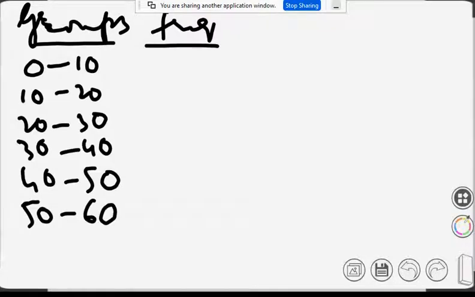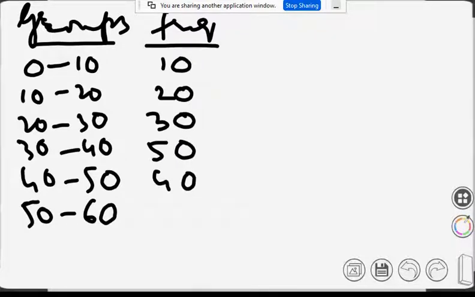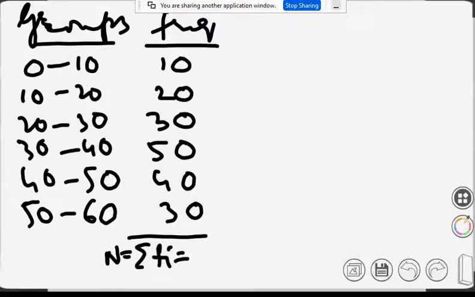And the frequencies we have got are 10, 20, 30, 50, 40, 30. And the total n equals, all of you are writing along with me, summation fi is equal to 180.